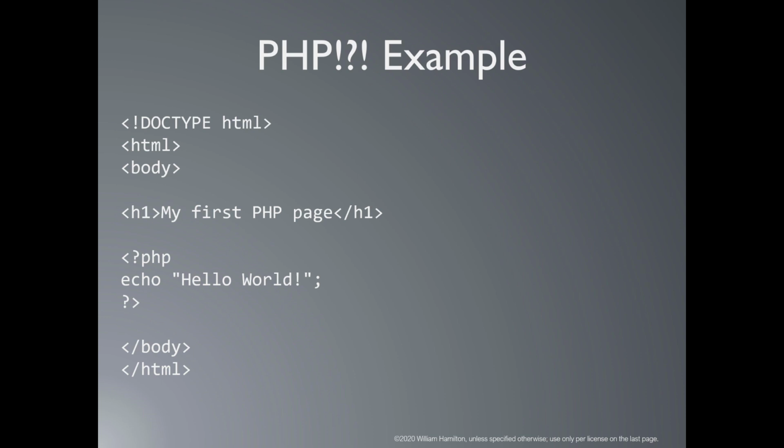However, I have these funky PHP tags right here. What actually happens is I echo hello world in this case, and the PHP code will take that output and just stick it right here in my HTML code.